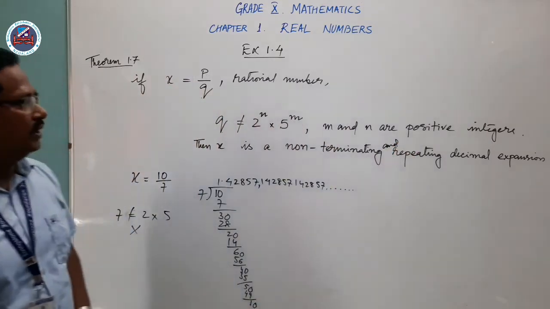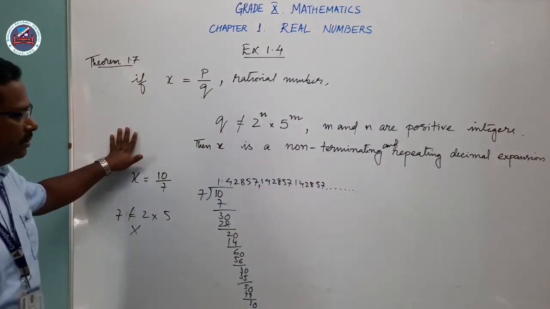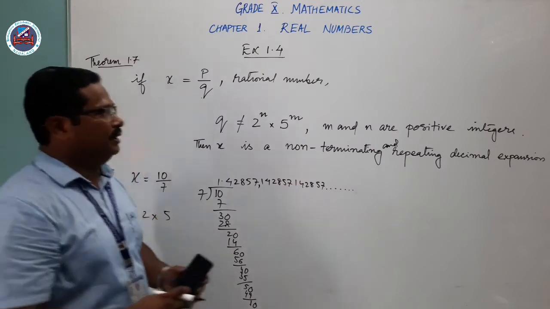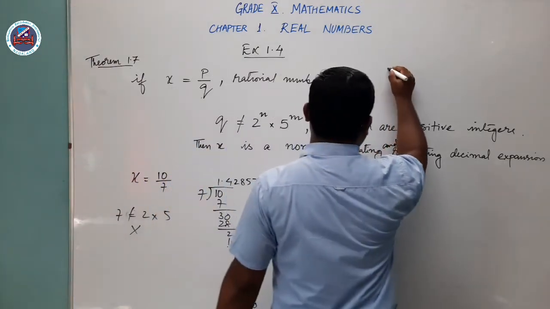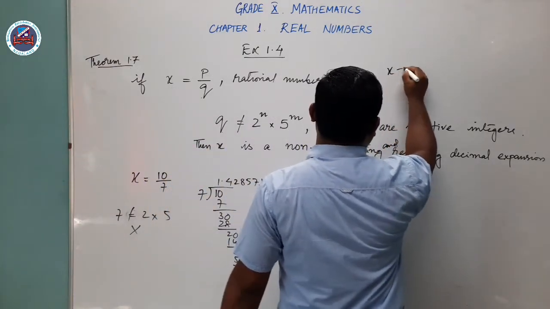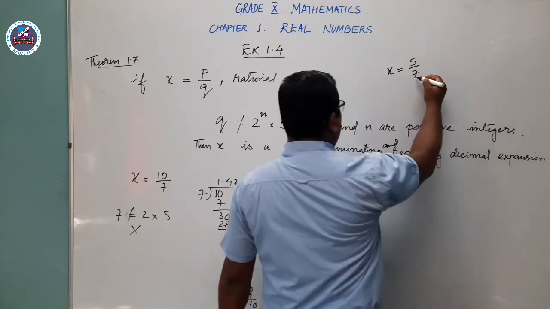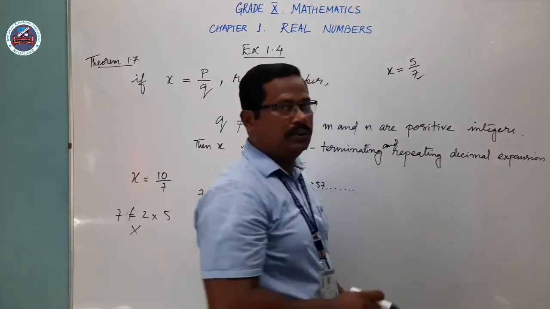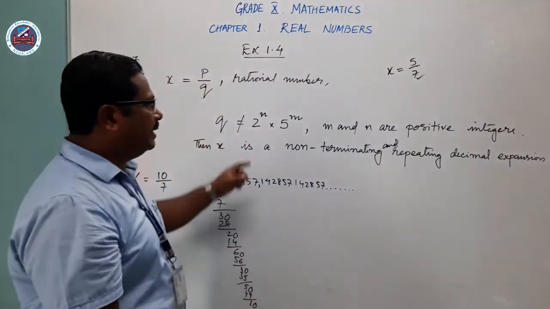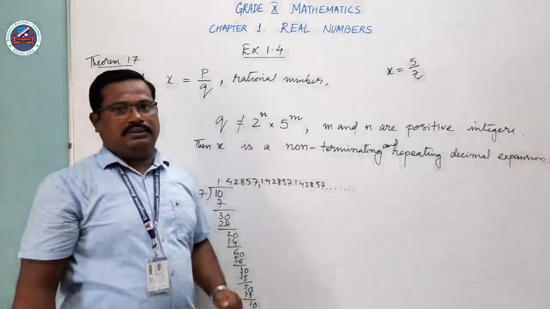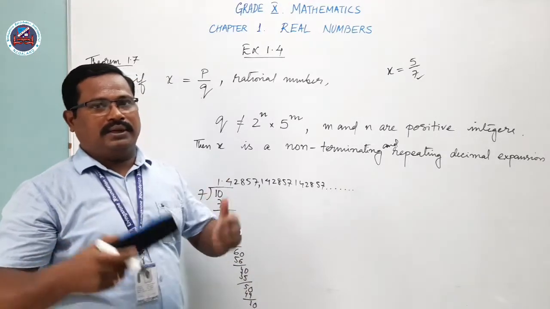So like this, you can identify. To tell you in simple words, if you get any rational number, suppose x is equal to 5 by 7, what you have to do is the prime factorization of the denominator and see, can I write it as a product of 2 and 5?